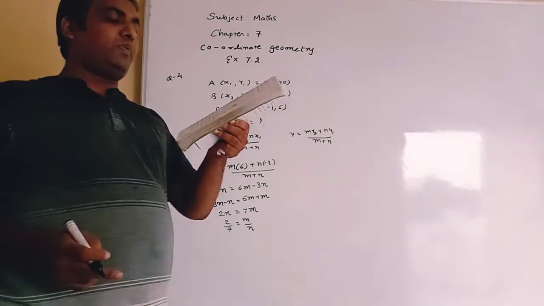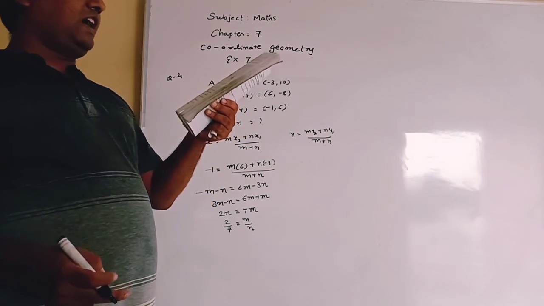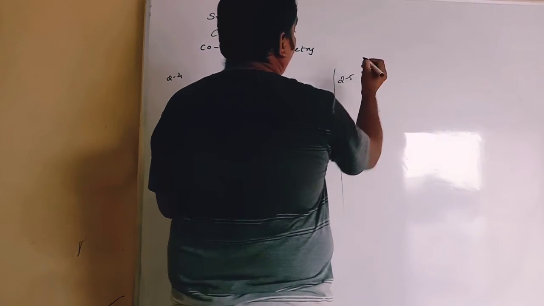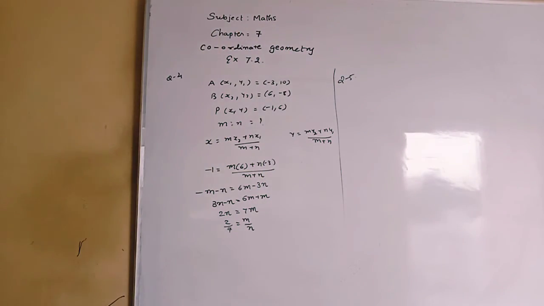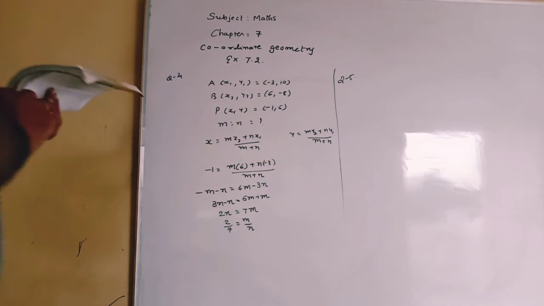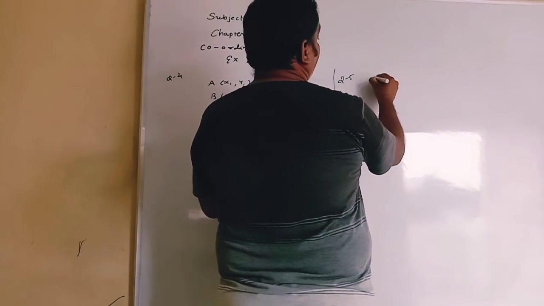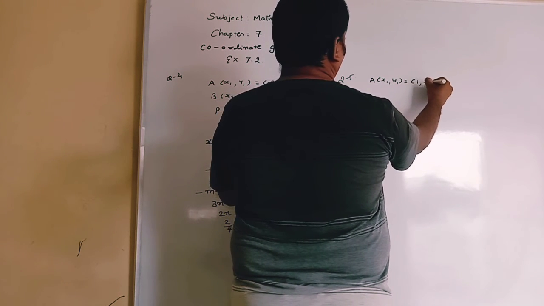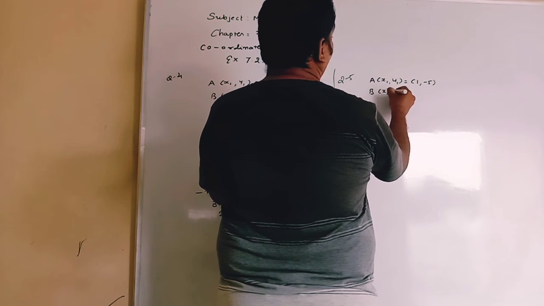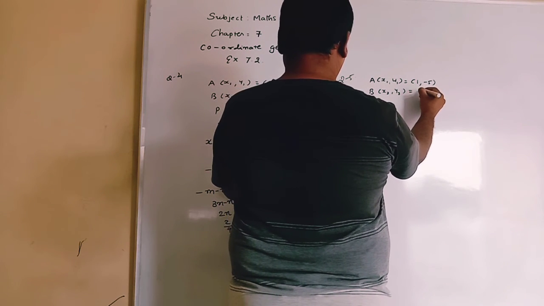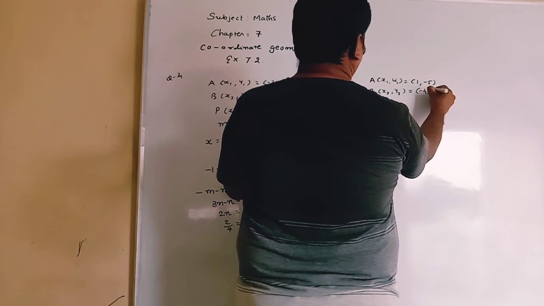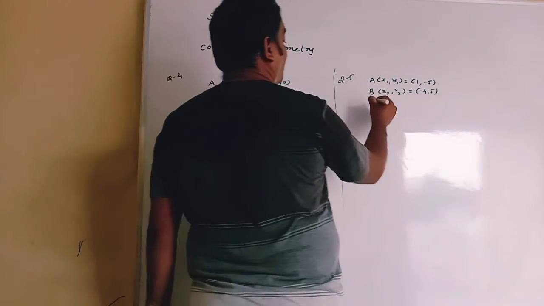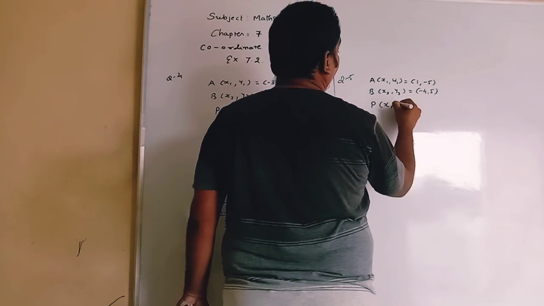Similarly, we have question 5. Find the ratio in which the line segment joining A(1, -5) and B(-4, 5) is divided by the x-axis. So A(x1, y1) is given as (1, -5), B(x2, y2) is given as (-4, 5), and the line segment is divided by the x-axis at point P(x, y).